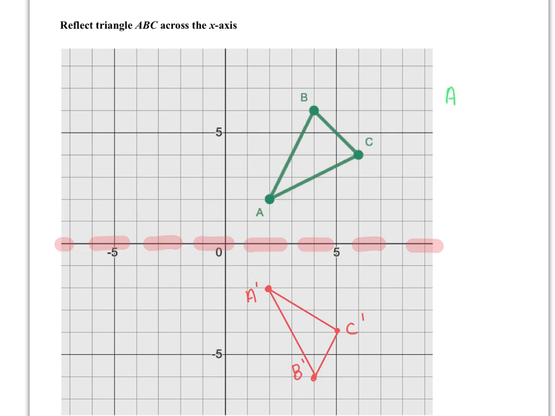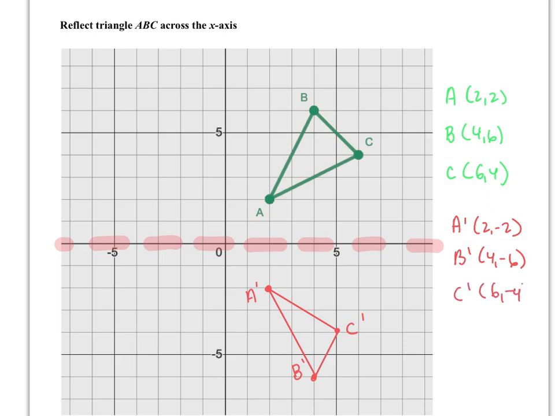Then I could also investigate the coordinates and see what happened here. The original coordinates of point A were (2, 2), B was (4, 6), and C was (6, 4). And then my coordinates of A prime are (2, -2), (4, -6), and (6, -4). Hopefully what I can see is that these numbers all stayed the same and these numbers all became their opposite.